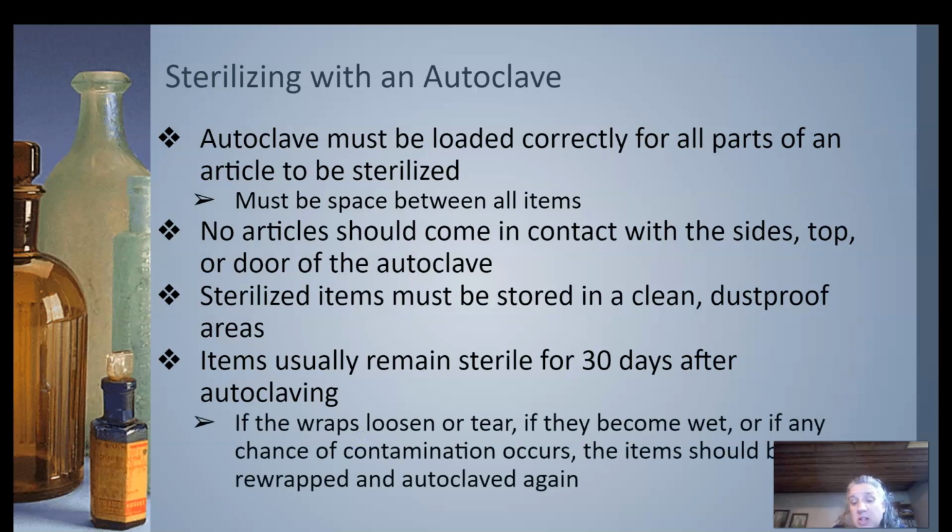If the wraps are loosened or torn, if they become wet, or if by any chance contamination occurs, the item should be rewrapped and autoclaved. So if it becomes wet, why is it no longer considered sterile? If you think back to when we were talking about washing our hands, we have to turn off the faucet with a dry paper towel, and that's because pathogens can travel through wet paper towels very easily.